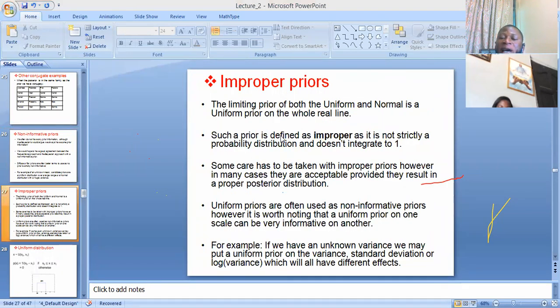If you take a prior and you integrate it, or you sum the values up, and you don't get one, we call that an improper prior. But we can always use them and then check the convergence of our posterior distribution to know whether it is actually converging to one or not. If you integrate the function and you don't get one, what that simply means is that you are not going to be able to use that improper prior.